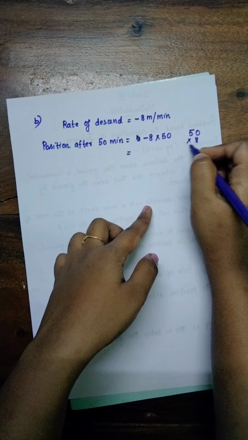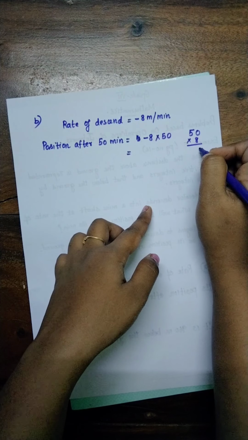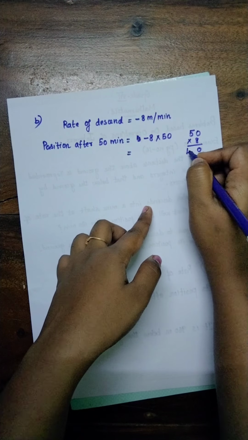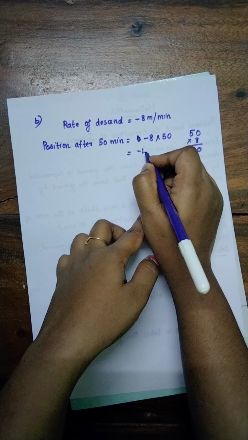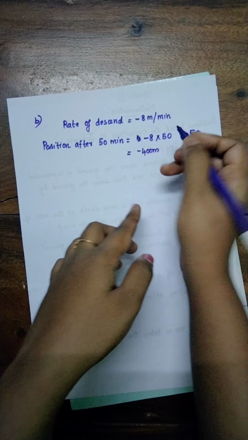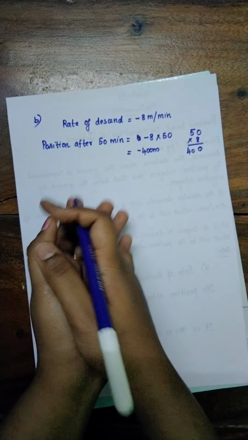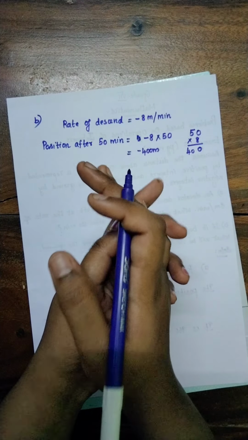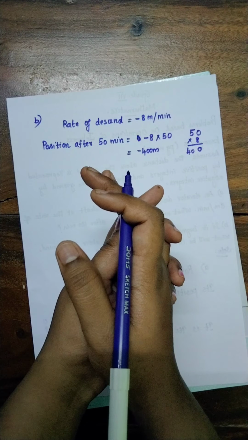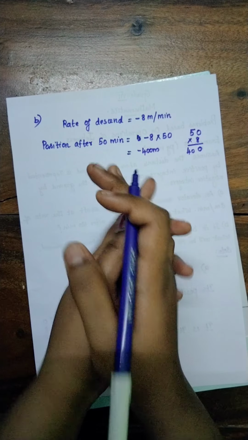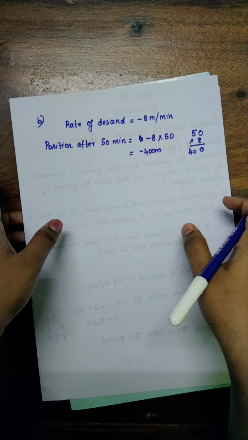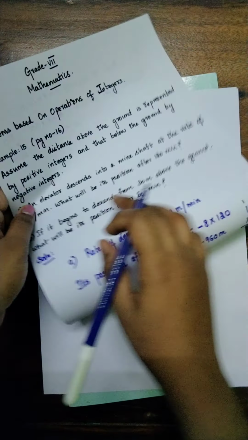50 into 8: 0 into 8 is 0, 5 into 8 is 40. So our answer is minus 400 meter. We have found that position after 50 minutes is minus 8 into 50, which is equal to minus 400 meter. But in the question, where did it start from?